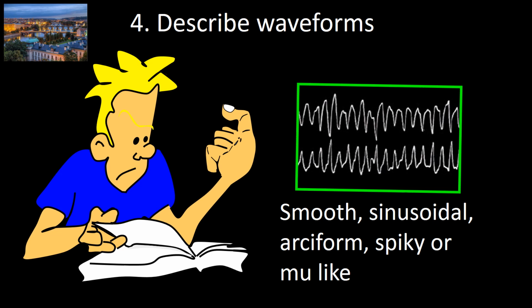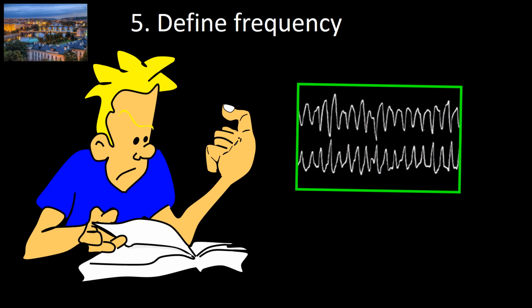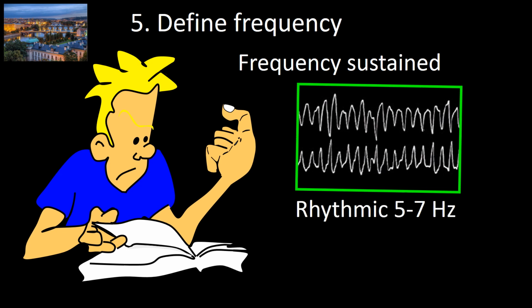They may look like Mu activity, and as you can see in this frame, have a spiky appearance. The frequency tends to be sustained during each burst and is in the 5 to 7 Hz range.